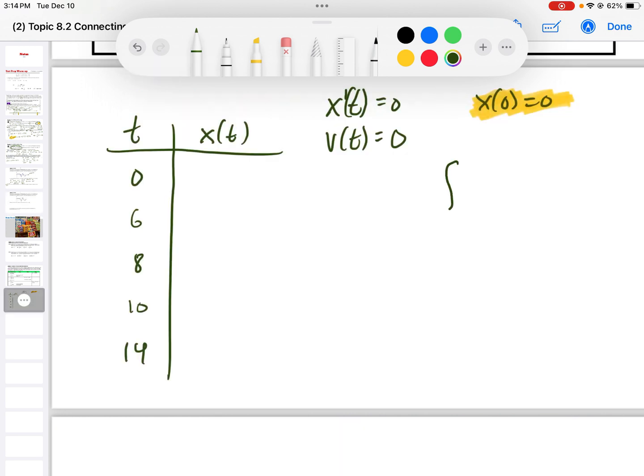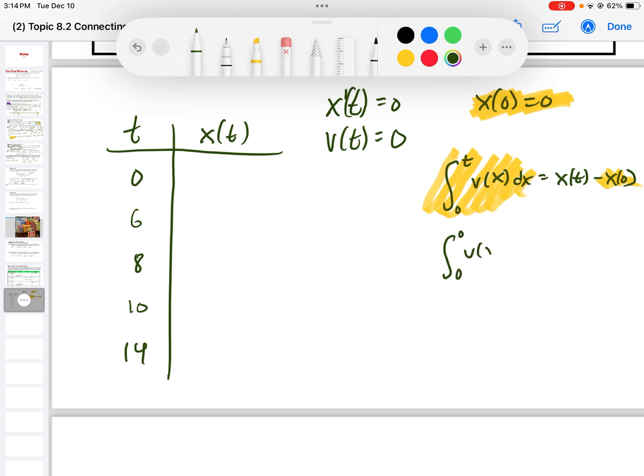So in general, the integral from 0 to t of v of t, or we could call this v of x dx, is equal to x of t minus x of 0. This part is the area under the curve for different t values, and we know x of 0 is 0.